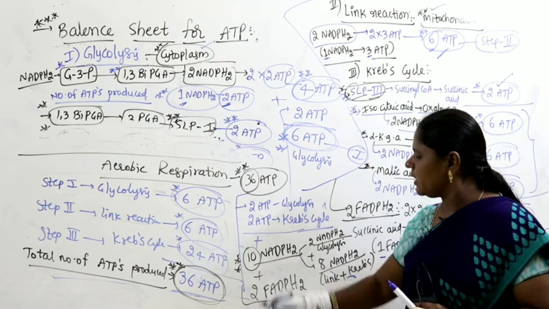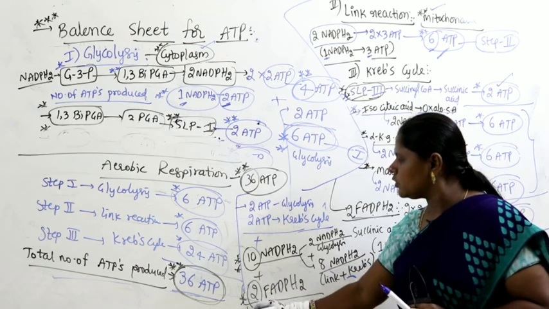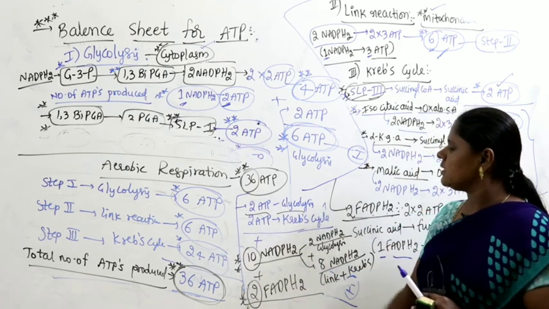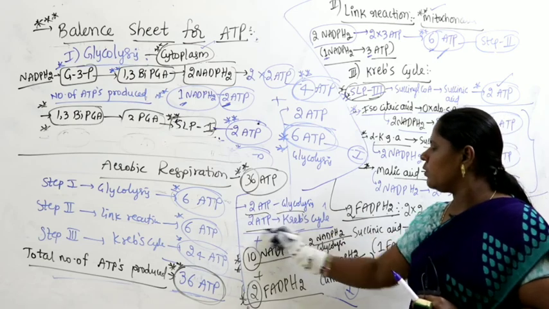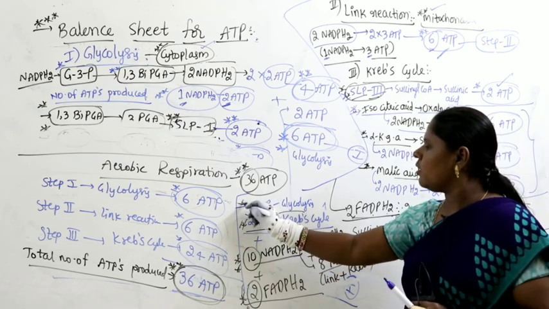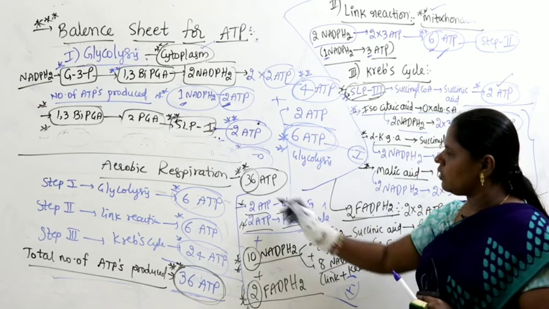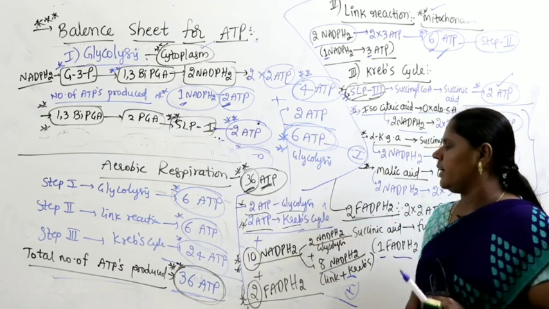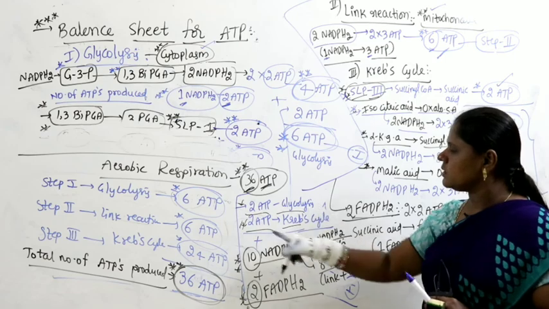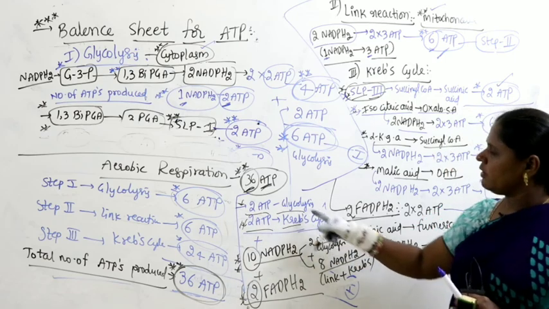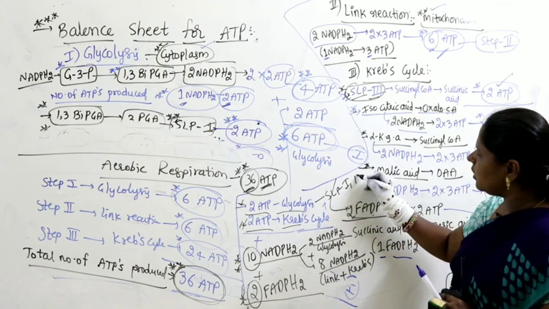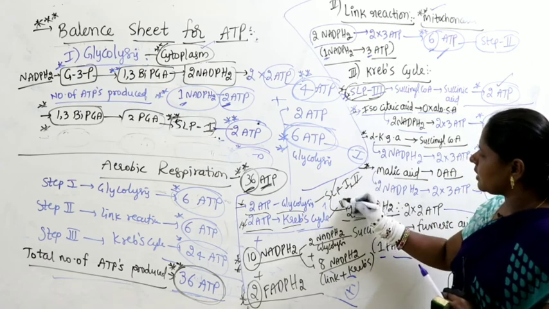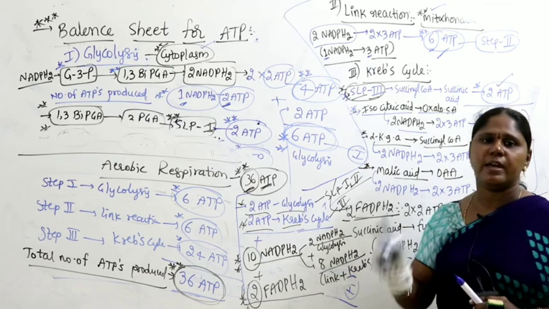10 NADPH2, 2 FADPH2, 2 ATP from glycolysis directly as net gain, not including NADPH2, and 2 ATP from Krebs cycle. Altogether if you join the total, you will get 36 ATP. The 2 ATP from glycolysis and 2 ATP from Krebs cycle come under substrate level phosphorylation 1, 2, and in Krebs cycle, substrate level phosphorylation number 3.